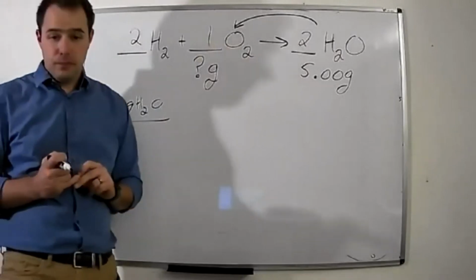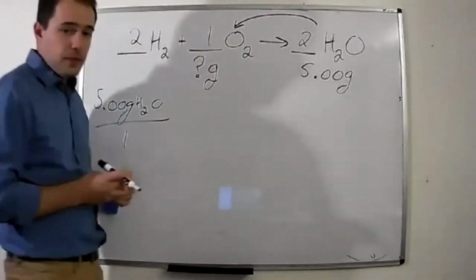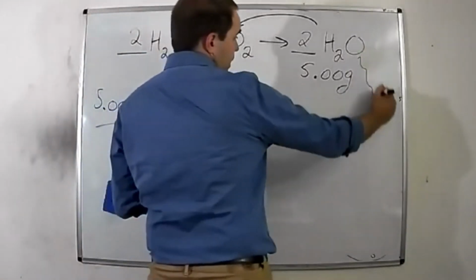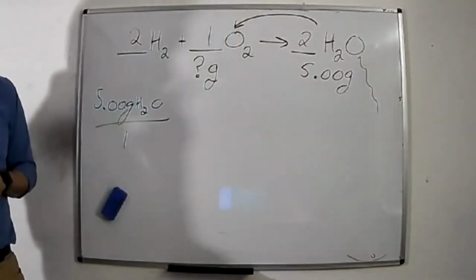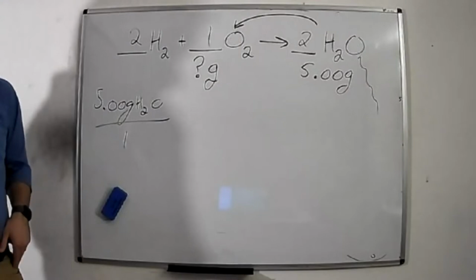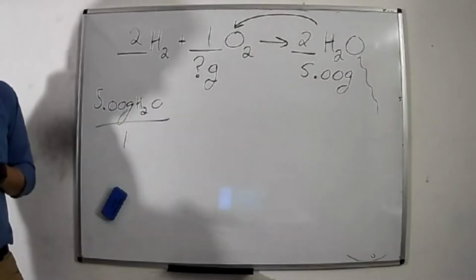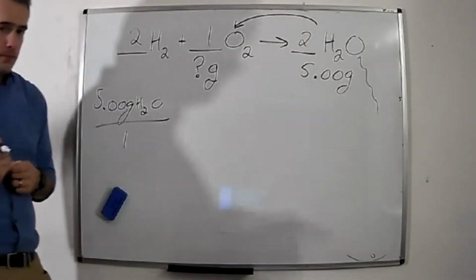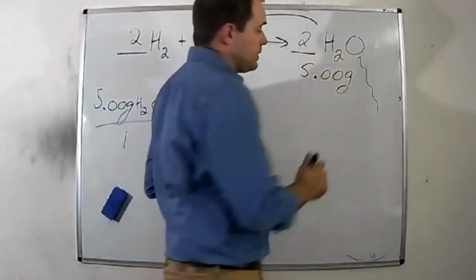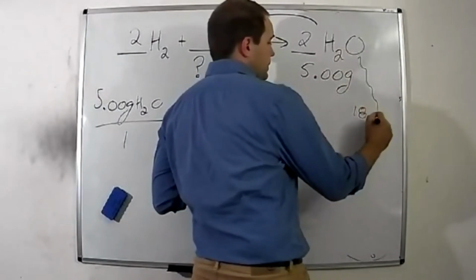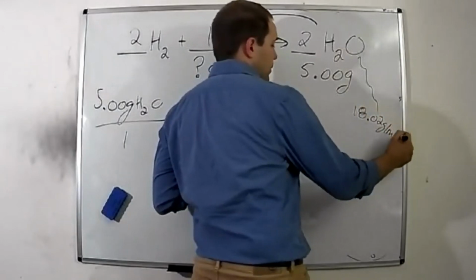Molar mass of H2O? Yeah, we're going to divide by that molar mass of H2O. So you need to add up the molar mass of H2O. Go ahead, take a second and add that up. So 1.01 times 2 plus 16, water should weigh in at 18.02 grams per mole.